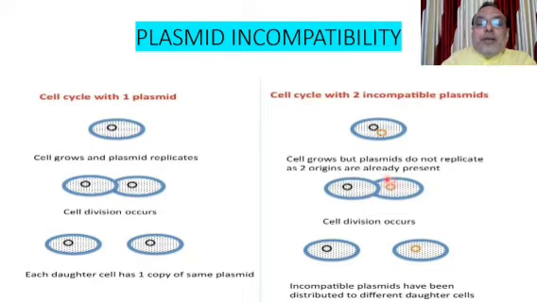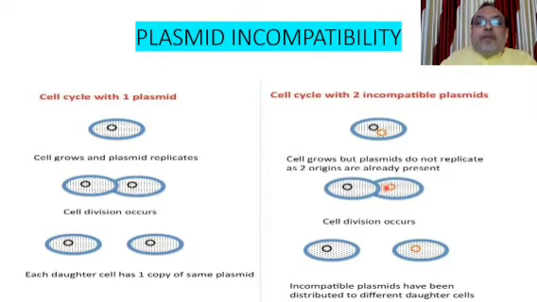lack of replication? It has been seen that these two plasmids employ the same strategy of replication, that is, their ori sites have a similar makeup, so the cell cannot easily distinguish between the two, and the cell is not triggering their replication.